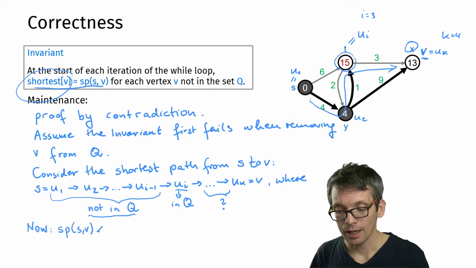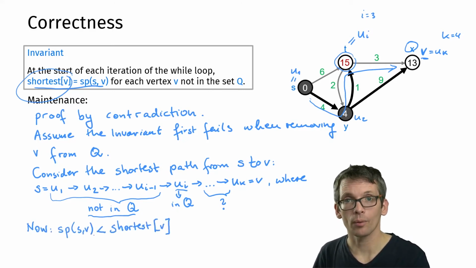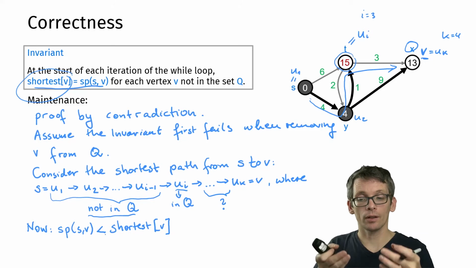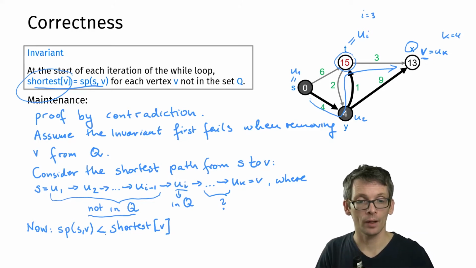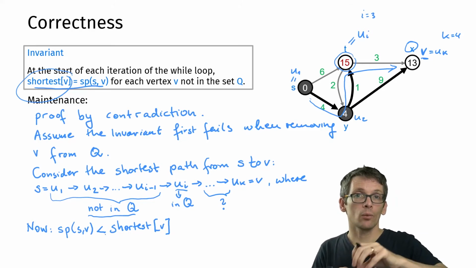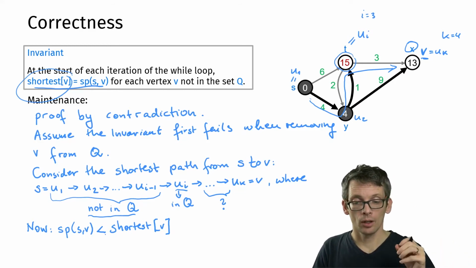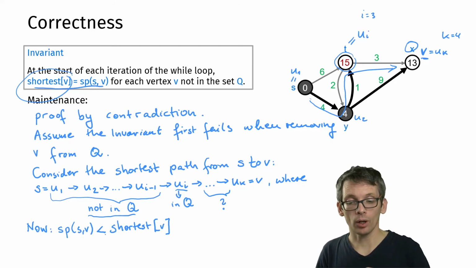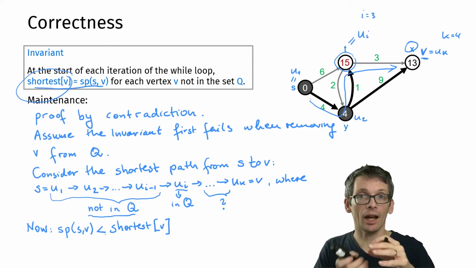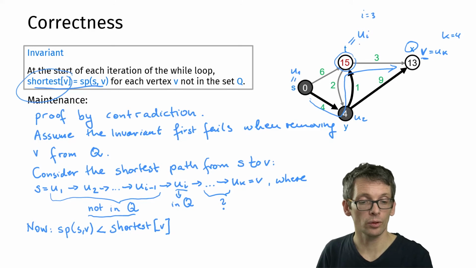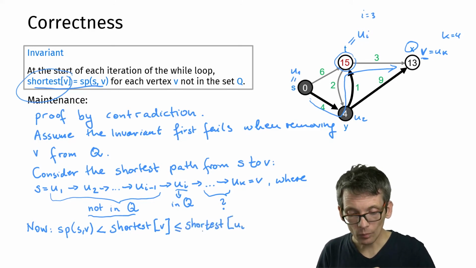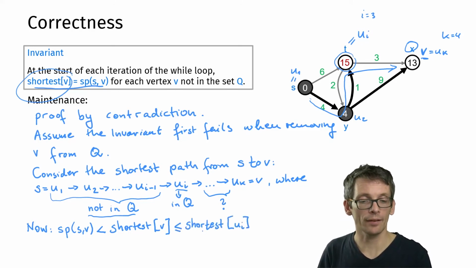So what we have is that the shortest path distance from S to V is smaller than the shortest of V. Now, shortest of V was the one that I'm next removing from Q. So it will be smaller equal the shortest of any other element that is still in Q, so in particular of UI. So shortest of V smaller equal UI, and that's why I had to manipulate this example to put a 15 here, because otherwise X would not be the next one that I take out.